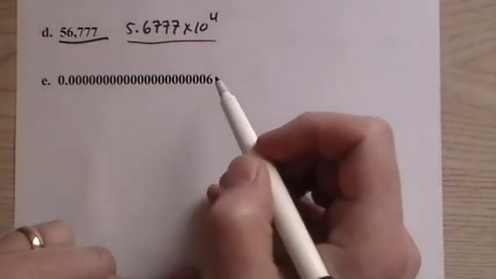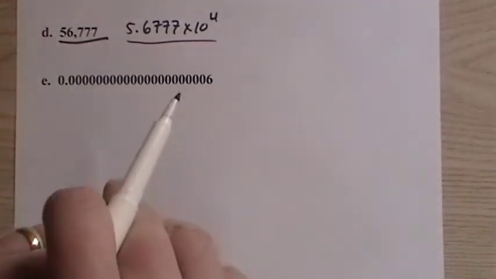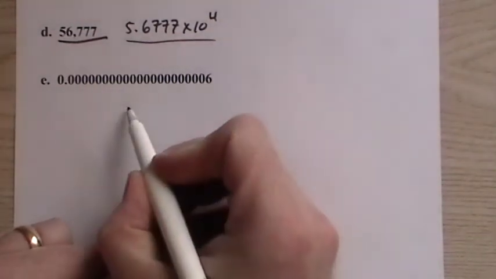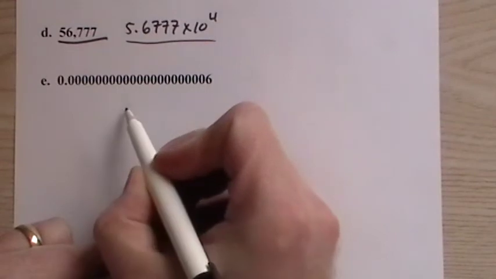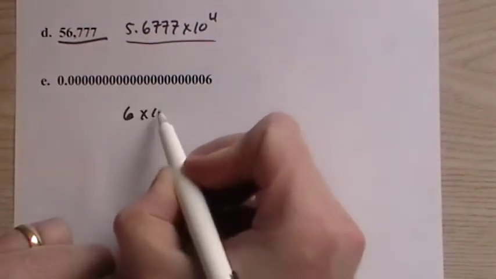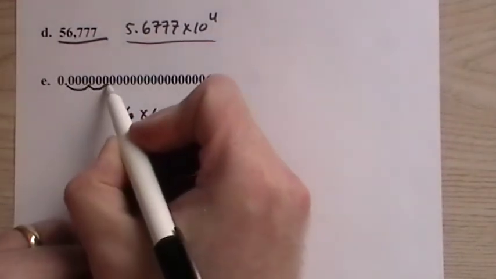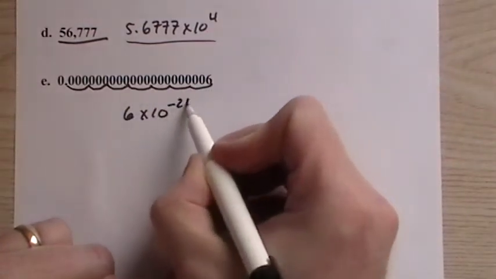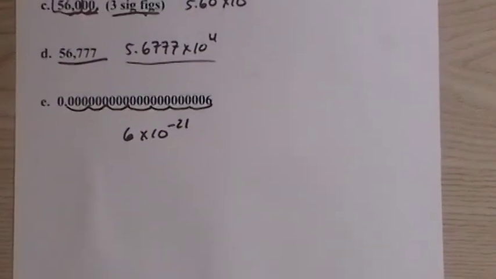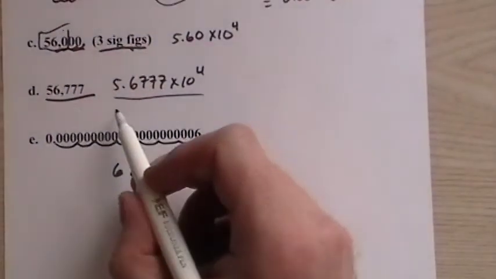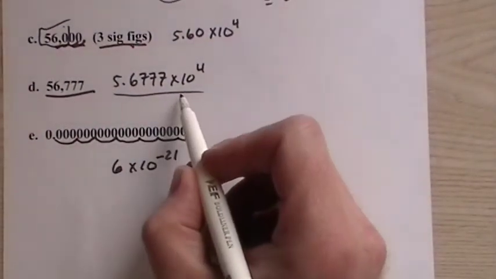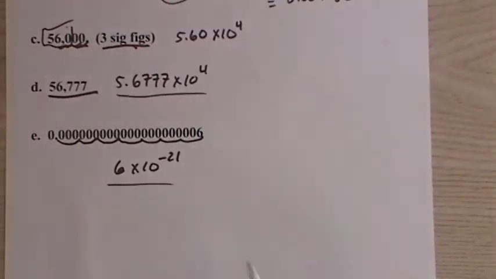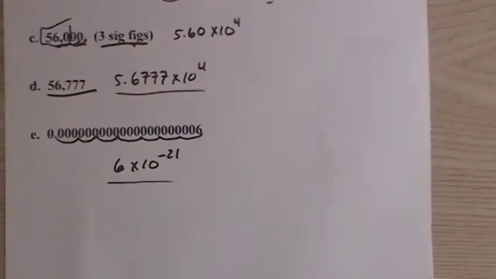There are significant figures, and then there are numbers that are not significant figures, rather than insignificant. So this one, all this is a little tricky. It's 6 times 10 to the 3, 6, 9, 12, 15, 18, 21. Minus 21. So you can see this one is not worth it to change over, unless somebody tells you to do it as part of a problem, but you wouldn't do it normally. But this one definitely would be worthwhile because you wouldn't want to write all those zeros all the time.